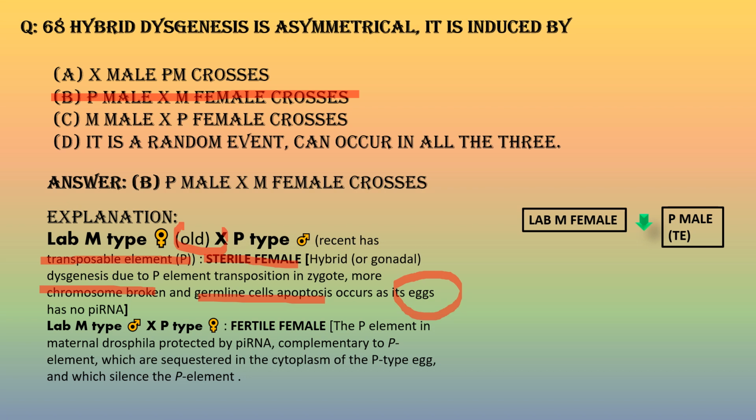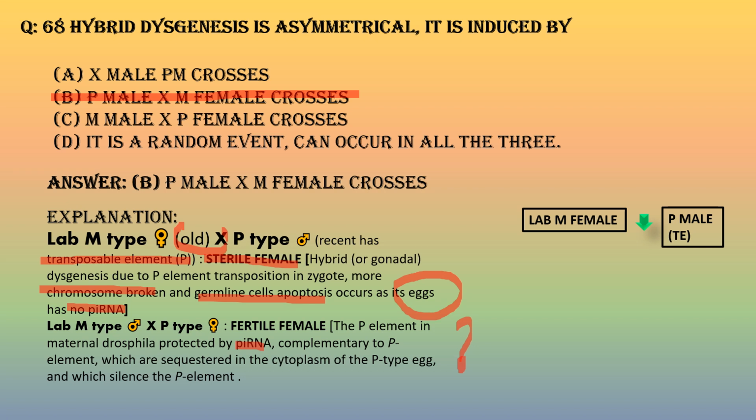It has no piRNA. So when this is reversed, like lab M type male crossed with P type female, what happens? It produces a fertile female. But how? The P element is now present on the maternal side, so the maternal Drosophila is protected by piRNA. How come?